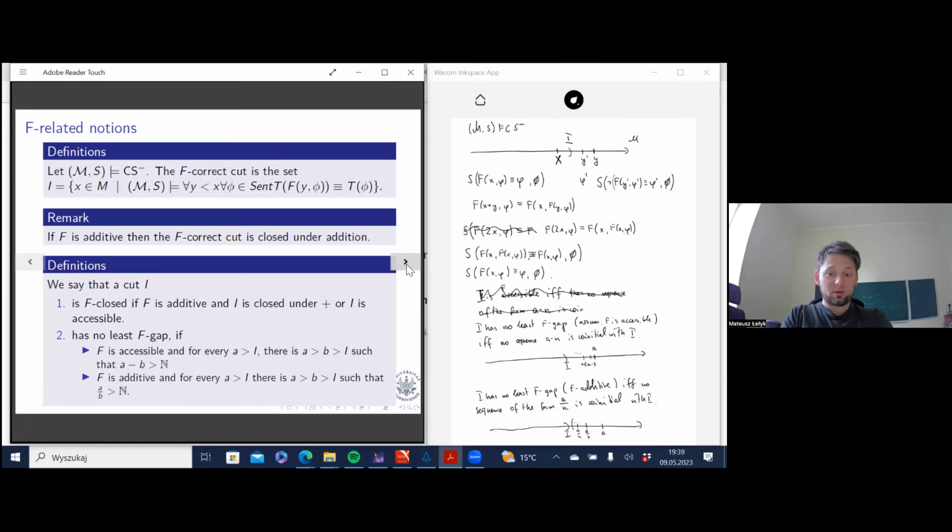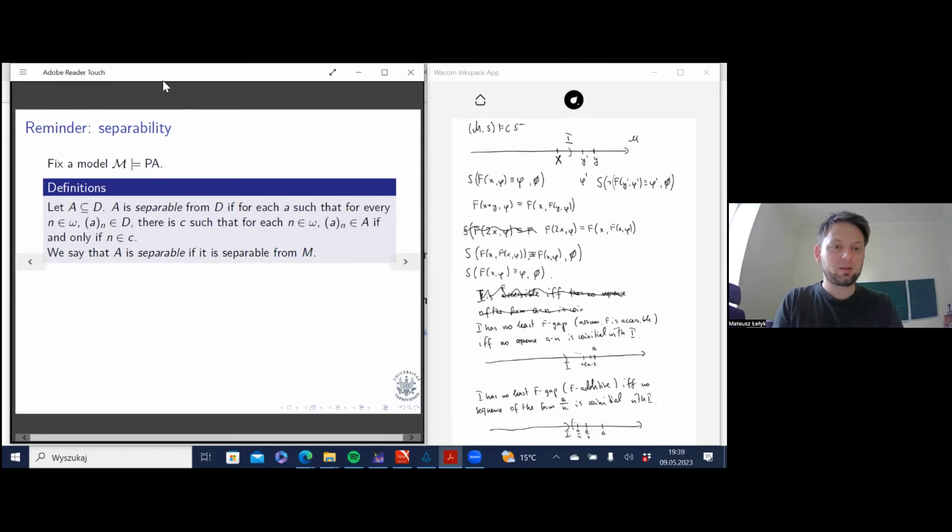Okay, so I need to recall one more structural notion for cuts in the model of PA. So this is separability. Whenever we have a set A, which is a subset of a set D, they are all subsets of the model of PA.